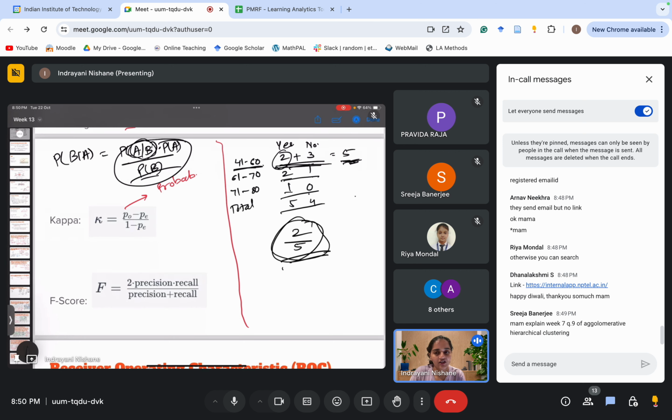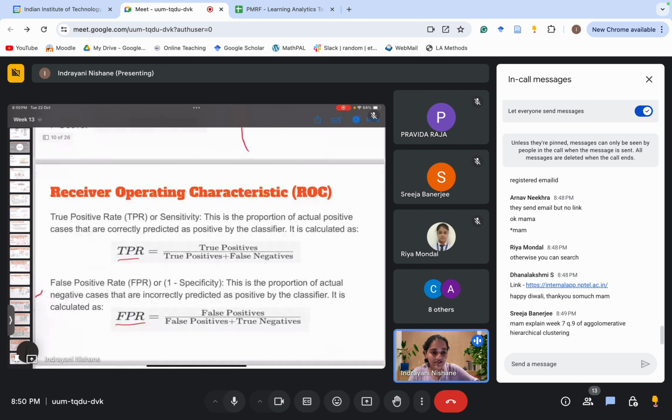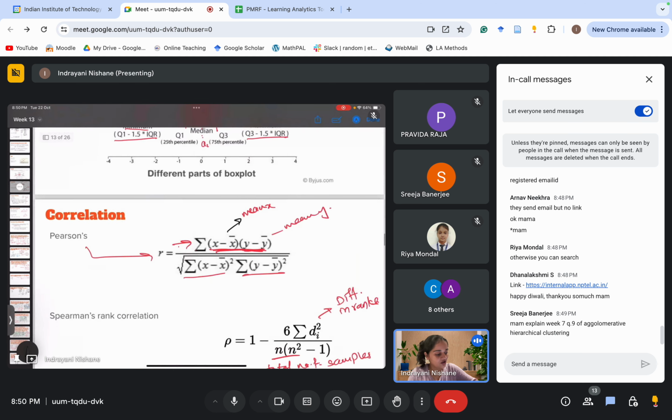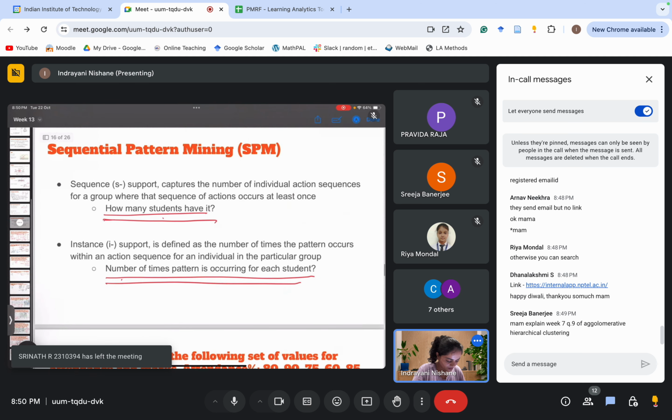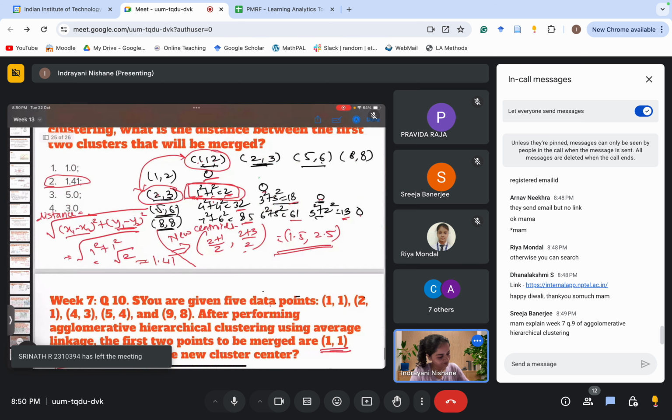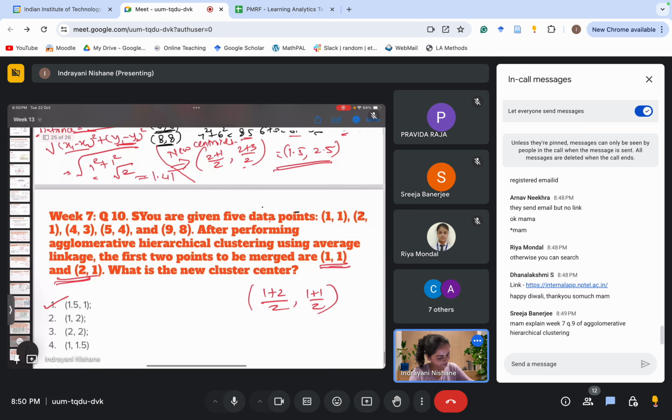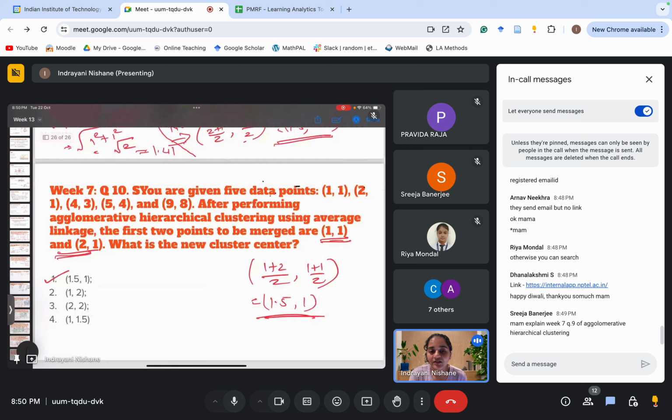Week 7 question 9. That's the easiest question, Shrija. That's very easy. Don't get confused with this thing. Yeah, this is how we are doing it. It doesn't matter whether it is agglomerative or any other fancy clustering algorithm they have used. They are merging these 2 points in one cluster.